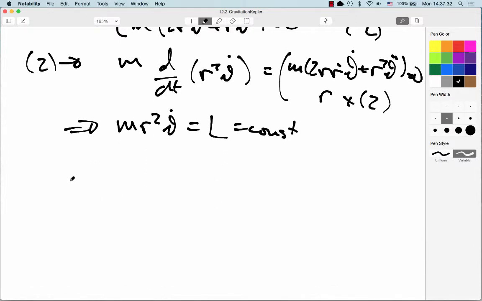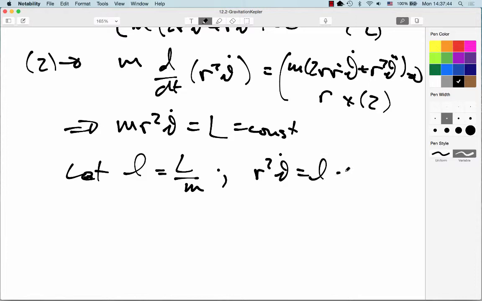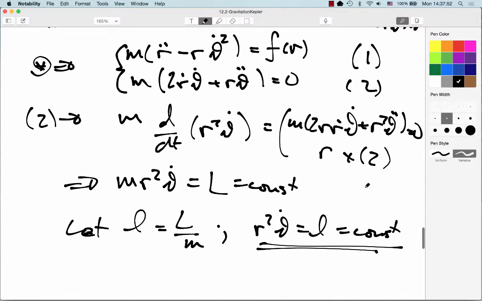While we're at it, we'll define a reduced angular momentum, little l, equal to the angular momentum over m. So we can write r squared theta dot is equal to this little l, which is a constant.